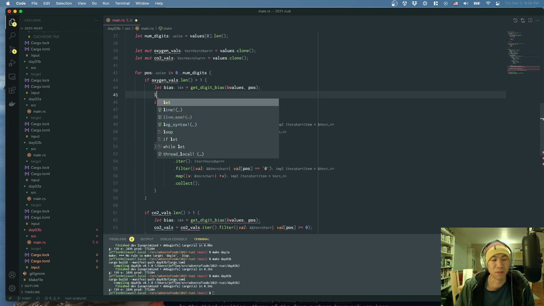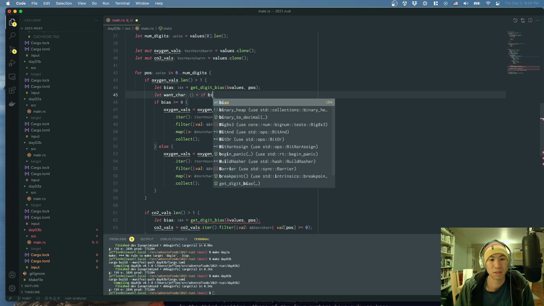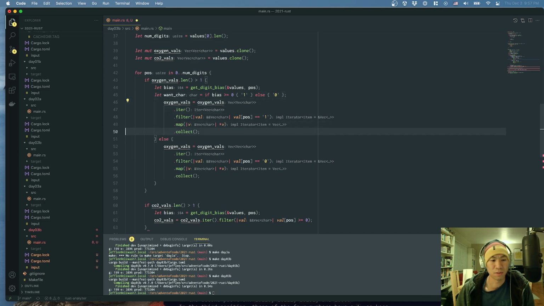Maybe we can simplify this by calling this the want character, which is equal to 1 if bias is greater than or equal to 0, otherwise it's 0. And we can trim this out.